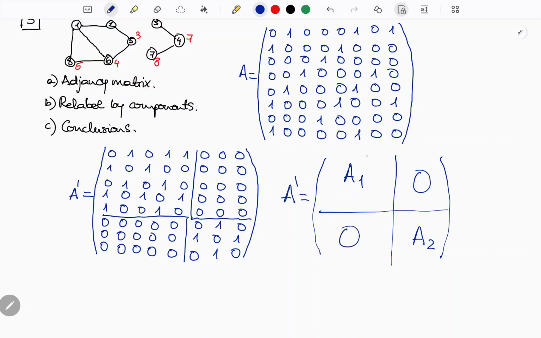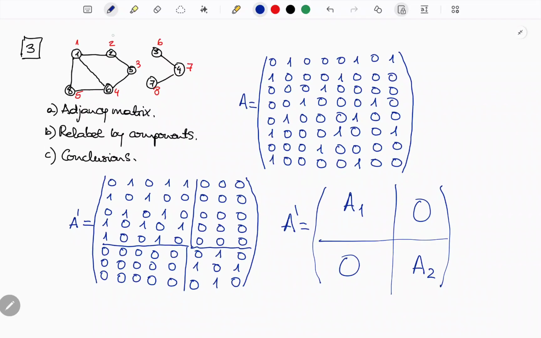This is going to be the adjacency matrix of this component, A1, and this is going to have another adjacency matrix, A2.